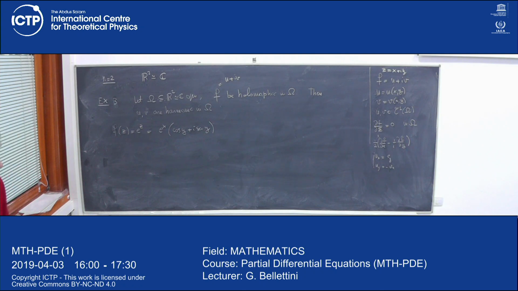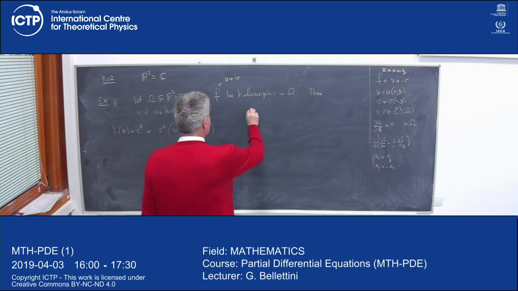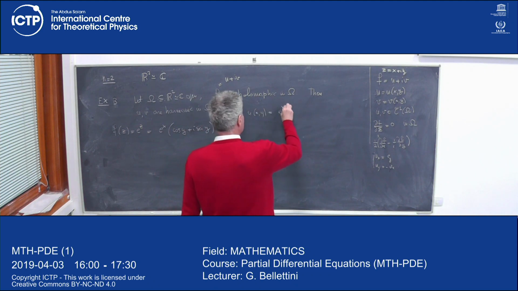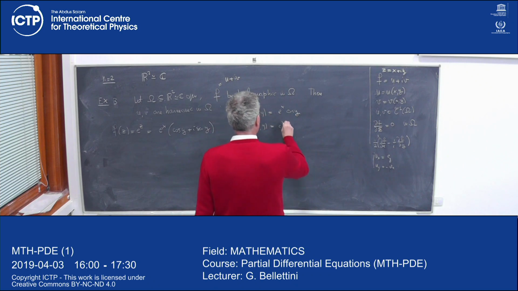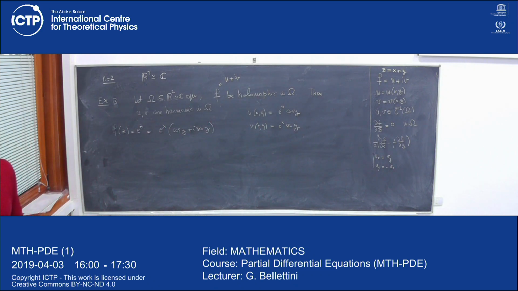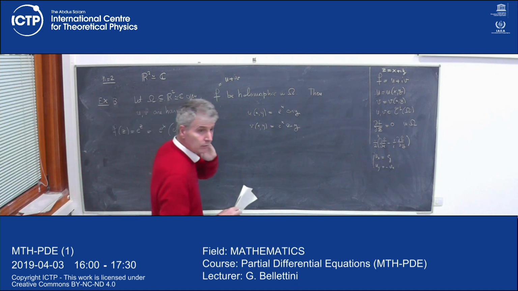And so we can check that u of x y equal e to the x cos y, and v of x y equal e to the x sin y are harmonic in the whole space. Okay, these are not trivial examples of harmonic functions.